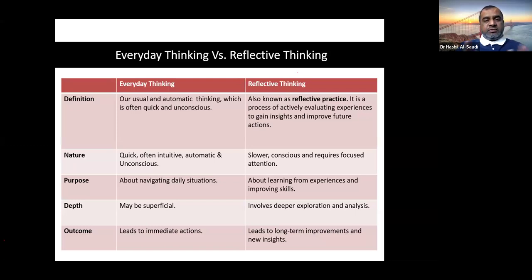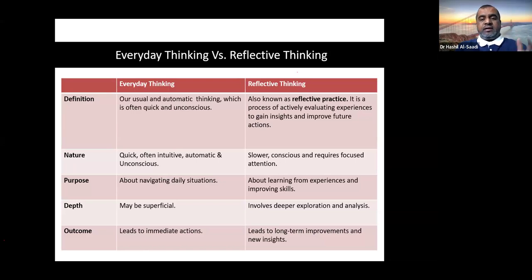Let's look at this distinction between our everyday thinking and reflective thinking. In terms of definition, our everyday thinking is a usual automatic thinking, which is often quick and unconscious, not necessarily conscious, sometimes can be unconscious, quick, intuitive, and so on.